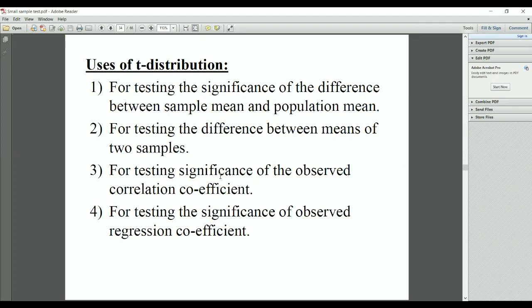And for testing the significance of an observed correlation, and of an observed regression coefficient, we also go for the t distribution.